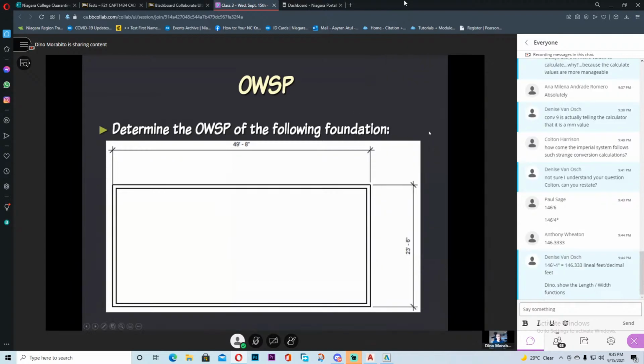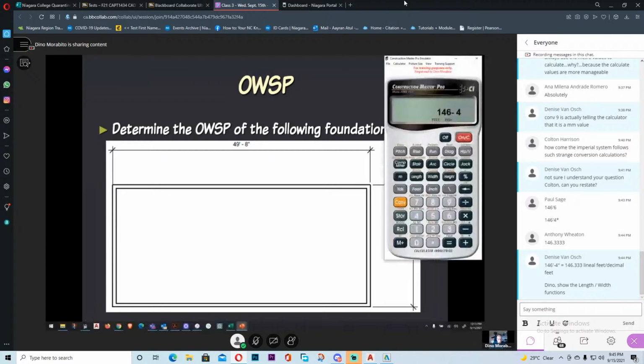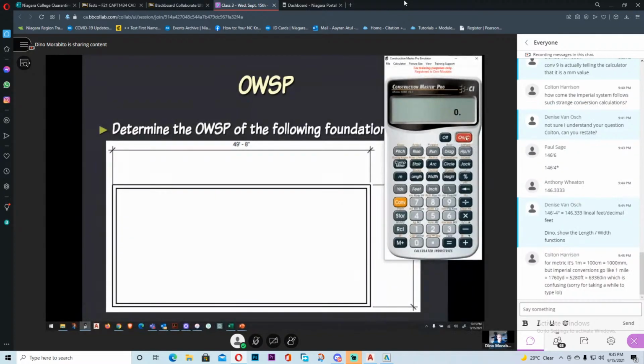So let me ask you, if I'm looking at that as the perimeter, let me go back to that. Sorry. So clear that. And if I wanted to also do this as 49 foot 8 as the length and 23 foot 6 as the width, is it equals, Denise, or am I hitting width again?